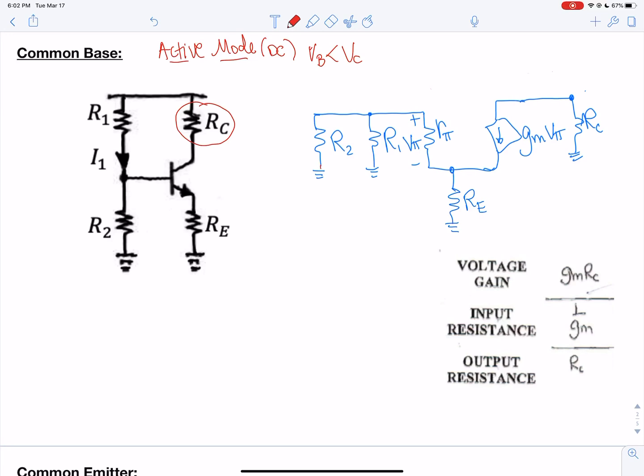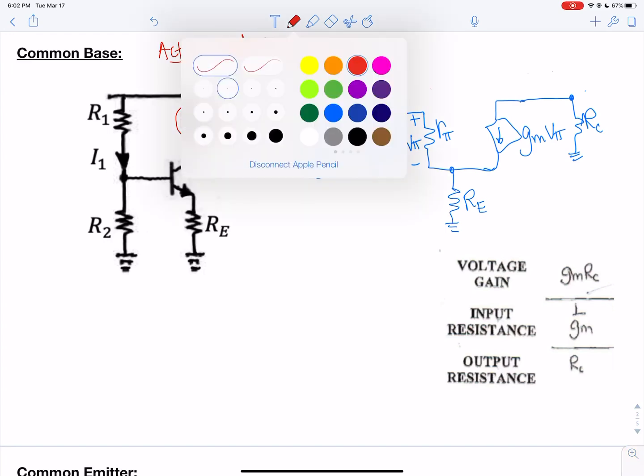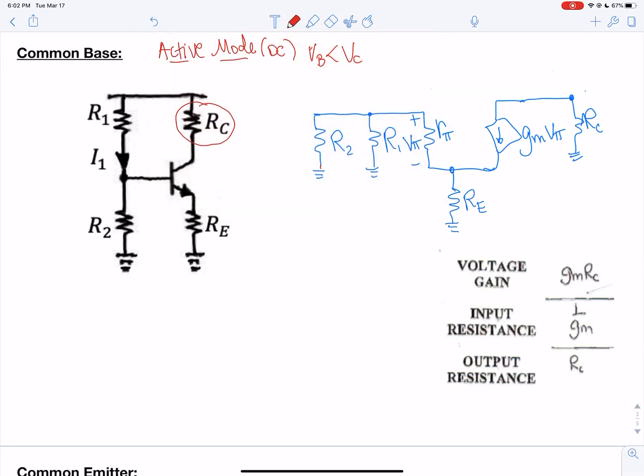And so the hybrid pi is already drawn here. And what you're going to do to create each of these amplifiers is connect the input to a certain location, and that is also going to determine where your output is. So for a common base, the common means where your value goes to ground in the hybrid pi.